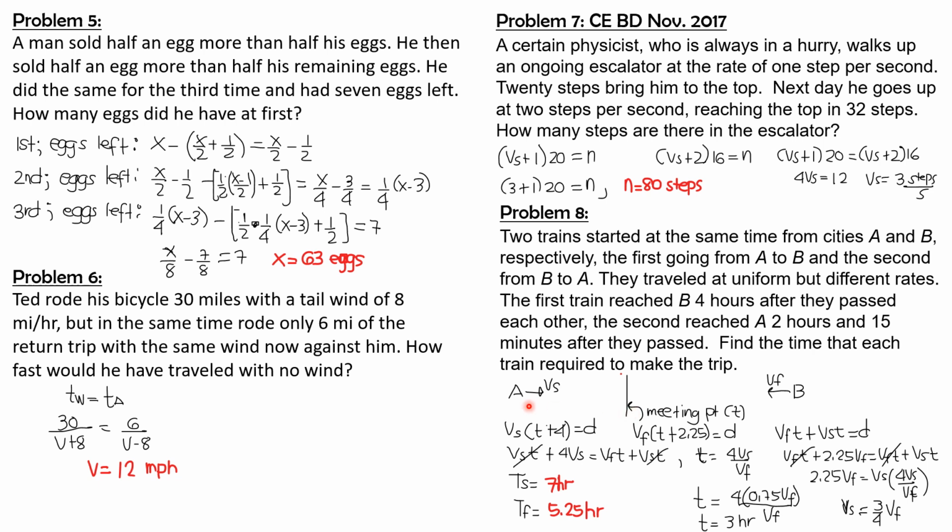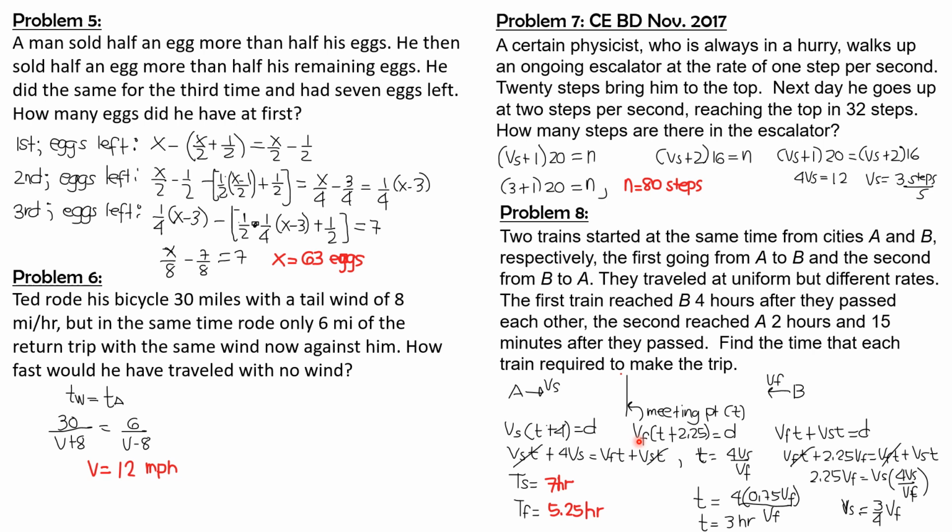Assuming the distance between cities A and B as D, so we have this first equation. So V sub S, the time to reach the meeting point is T, then the time to reach B from this meeting point is 4 hours. So the total time traveled by the slower train from A is T plus 4, so V sub S times (T plus 4) equals D. Then for the faster train from B, the travel time is T plus 2 hours and 15 minutes, or 2.25 hours.